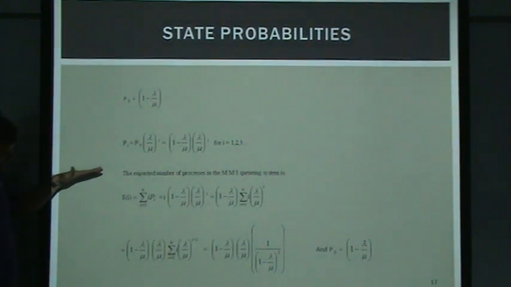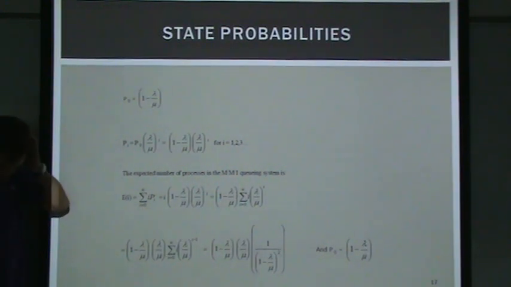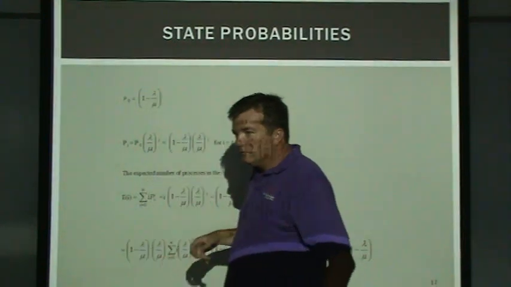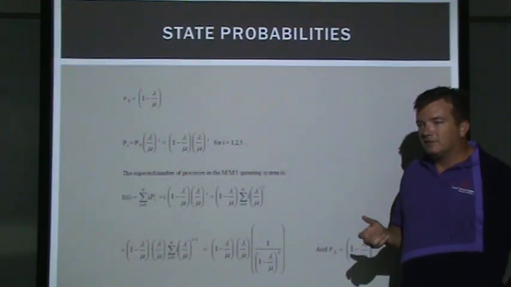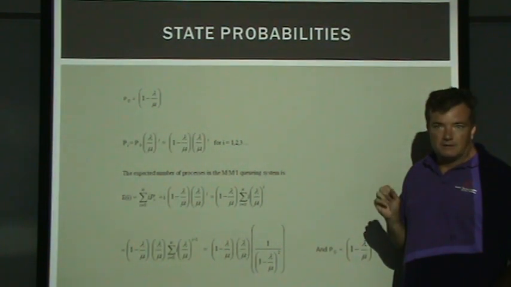So the expected number in our system would be, now do you guys remember how to calculate the expected number when you have a probability distribution? For example, an example maybe from a probability class would be a dice. So what is the expected value of rolling a dice? Do you remember how to calculate that? Because we want to use the same principle here.